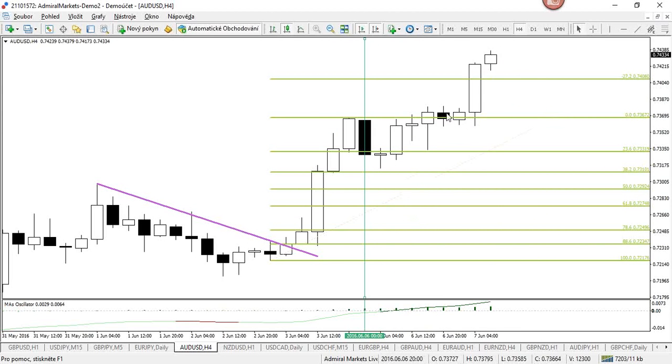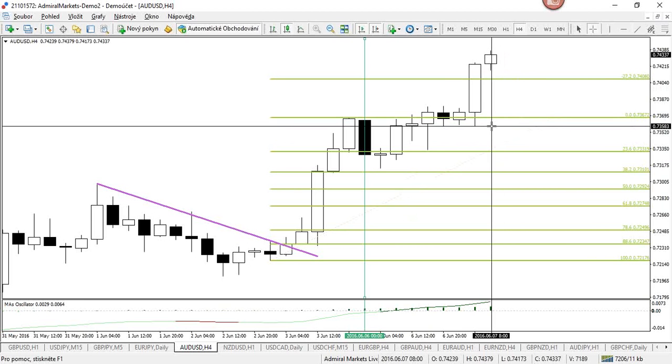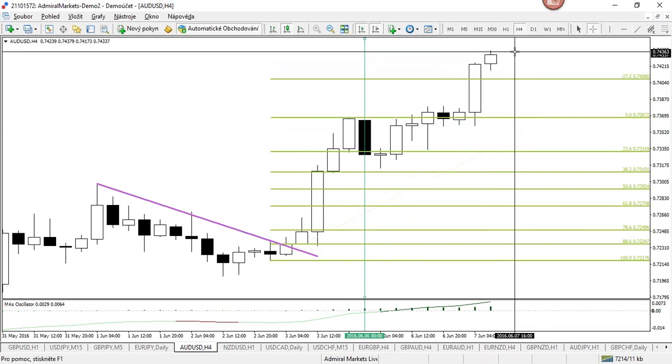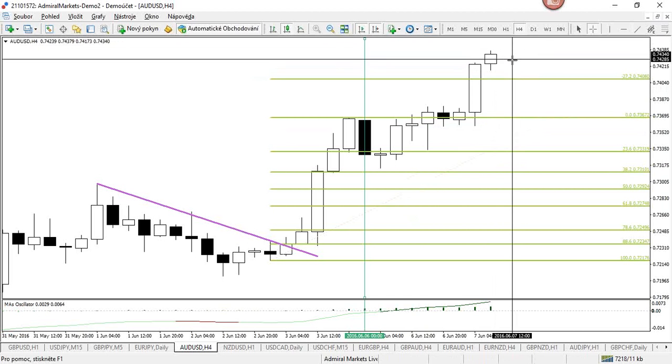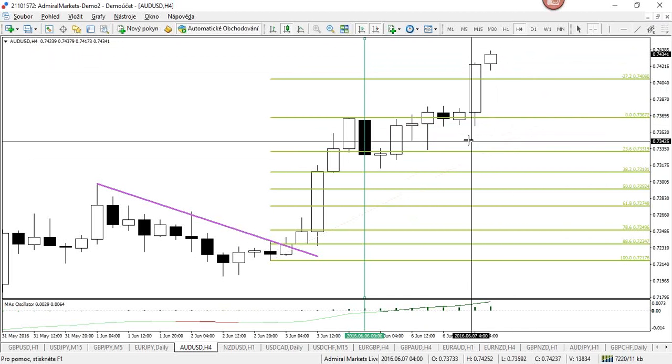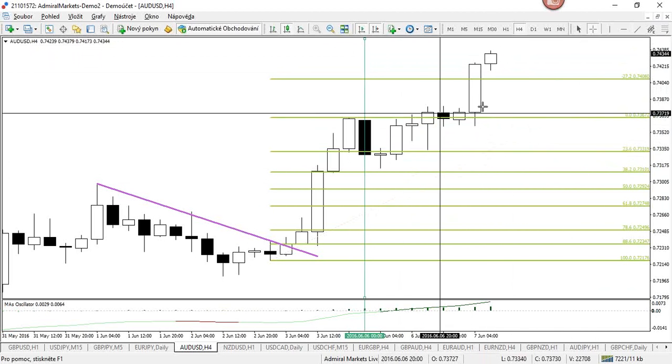So anyone who did take it, despite the news event, I would recommend to put the stop loss below this candle low at 73.53, or even just at break even, and let this trade go. Now, the first target is 75, then 76 or 77. So the target is still open, but the trade is out of risk, so that's great.